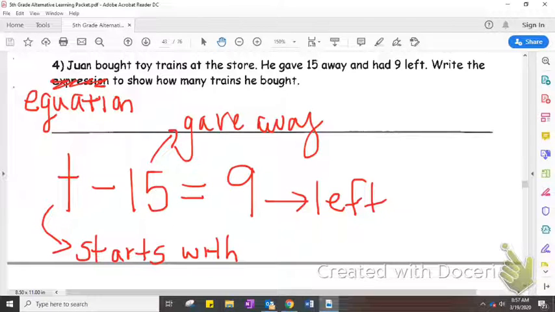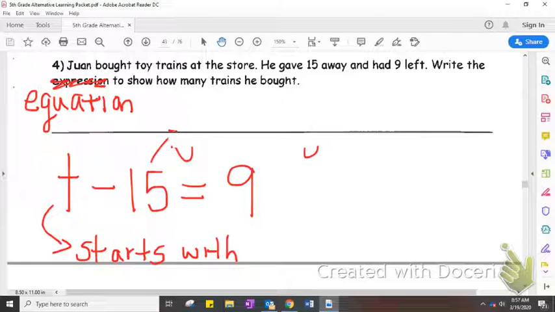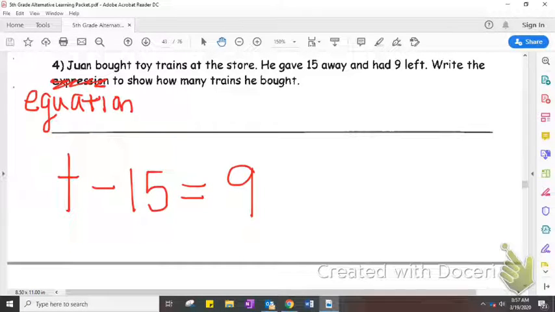I'm going to erase my writing off to the side here so that we can solve it. Now, you're not supposed to solve in 5th grade. That's a 6th grade thing, but I believe in you. And I think sometimes solving the equations helps you check your work.